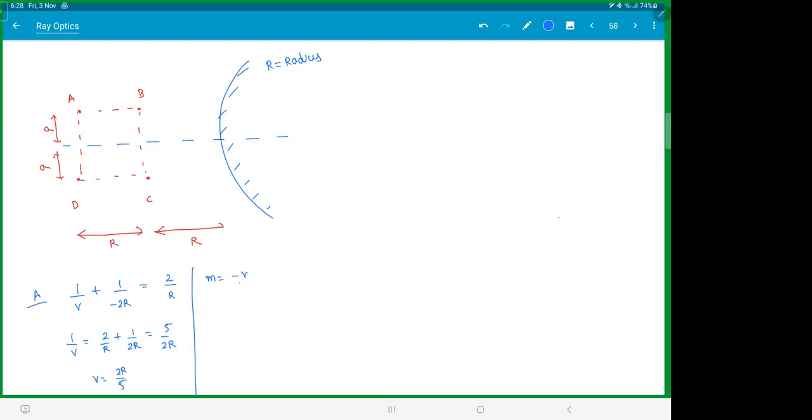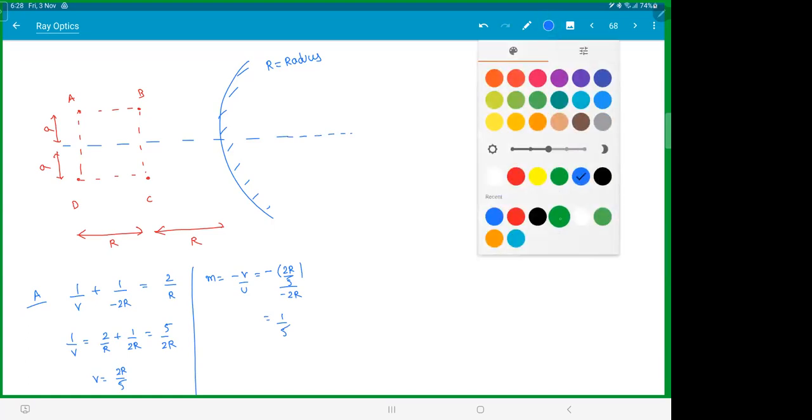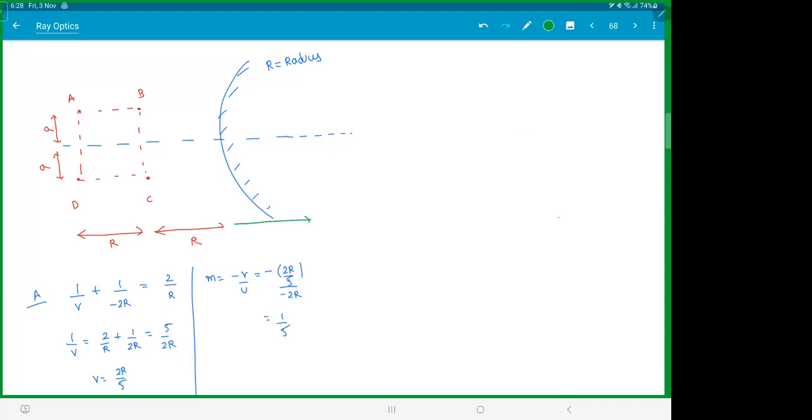Magnification is minus V by U. V is 2R by 5 and U is minus 2R, so 1/5. That means this image is forming at a distance of 2R by 5, at a height of 1/5. This will be A dash and this will be A by 5. Make sense? Similarly, you can also say D will be below D dash and this is also A by 5.